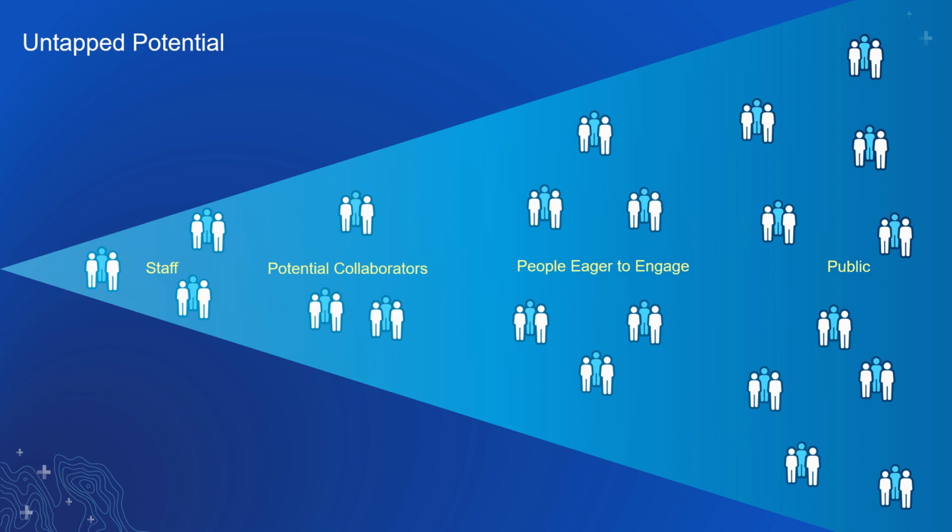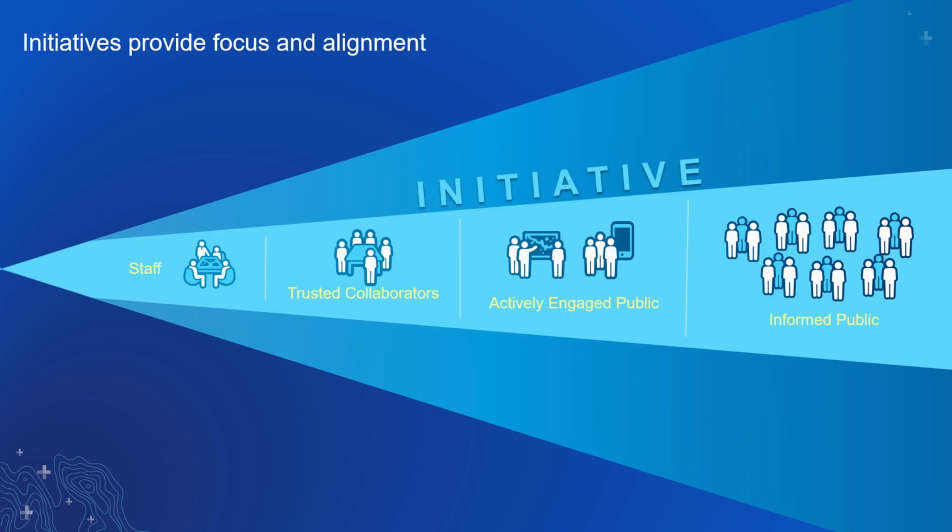And there's also a group of potential collaborators out there: NGOs, universities, other levels of government who could really roll up their sleeves, help you and create initiative content. That's where we use this idea of the initiative as a focusing function. It brings people into alignment and gives them a reason to share data and contribute. That's what we think of.